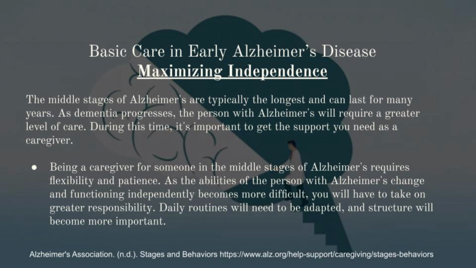Being a caregiver for someone in the middle stages of Alzheimer's requires flexibility and patience. As the abilities of the person with Alzheimer's change and functioning independently becomes more difficult, you will have to take on greater responsibility. Daily routines will need to be adapted, and structure will become much more important.